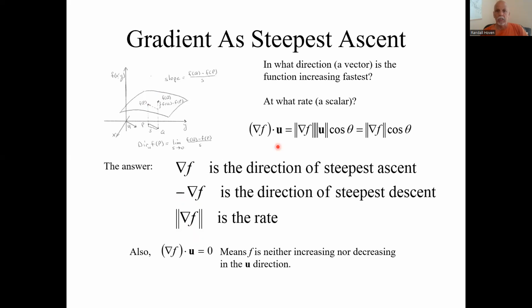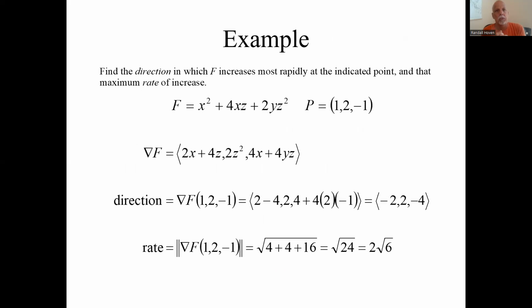We have fairly easy methods to calculate these things: the direction of steepest ascent and the rate of that. And if that dot product is 0, that means the function is neither increasing nor decreasing in that direction. So let's do some examples.